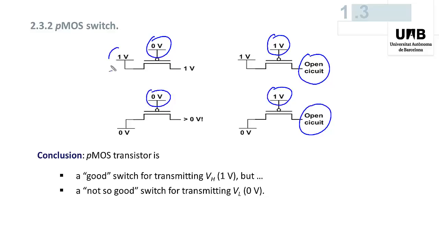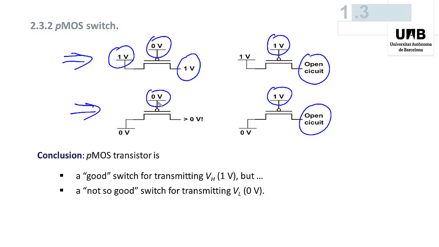If the input voltage is 1 volt, then the output is also 1 volt. We see that the PMOS switch works as a closed switch when its gate is at 0 volt and its input voltage at 1 volt.